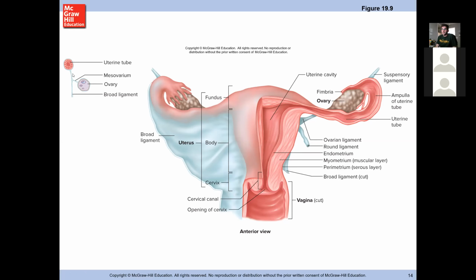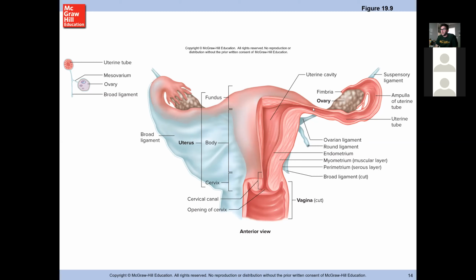It's a specific extension of the broad ligament that connects the uterine tube to the broad ligament, and then ultimately to the ovary. The ovary itself is supported by its own ligament called the mesovarium. So there's a lot of different ligaments in here that all get their own nomenclature, but it's all extensions off of this broad ligament, right?